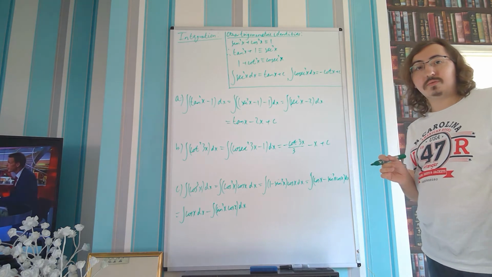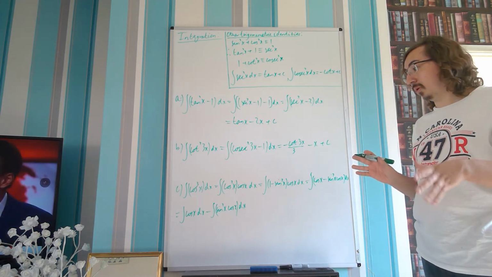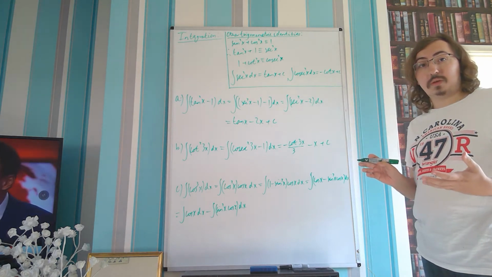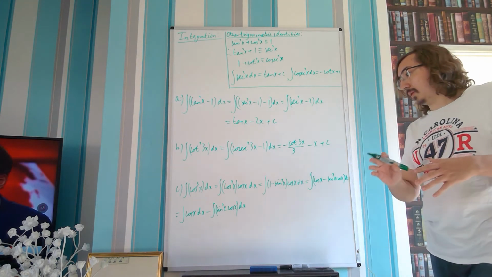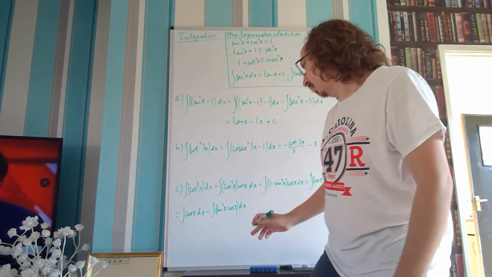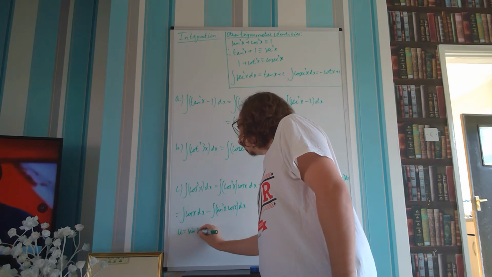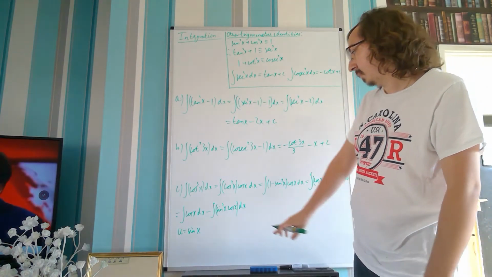Now, for that second integral, we need to do a bit more work. Well, we know a few different techniques that will work for this, but one of them that we can use is substitution. So for this substitution, we are going to use u is equal to sine x.